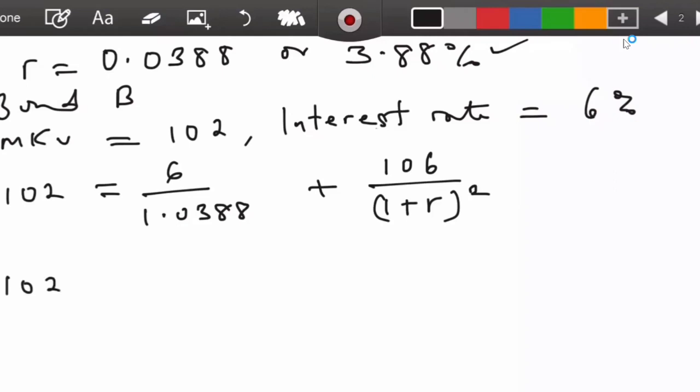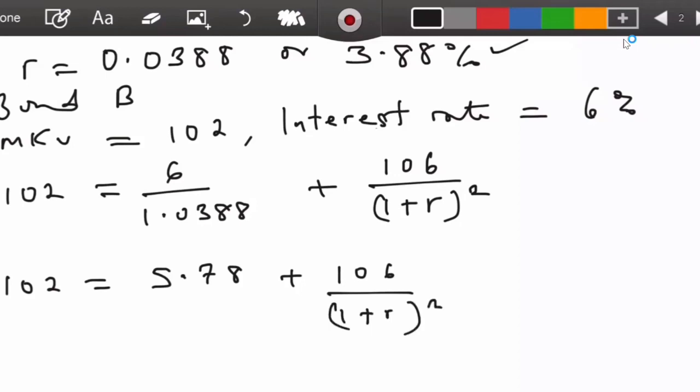Therefore, this becomes 102 is equal to 6 divided by 1.0388, which gives 5.78, plus 106 all over 1 plus R raised to power 2. We cannot divide this because we don't know what the R for year 2 is, so we bring it down as 106 all over 1 plus R raised to power 2.